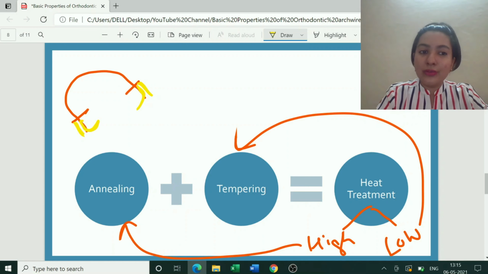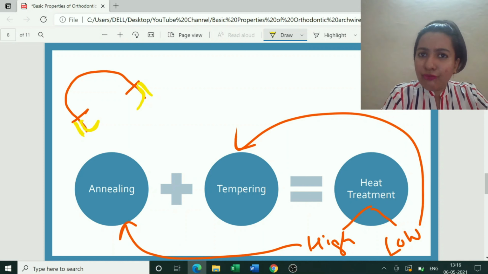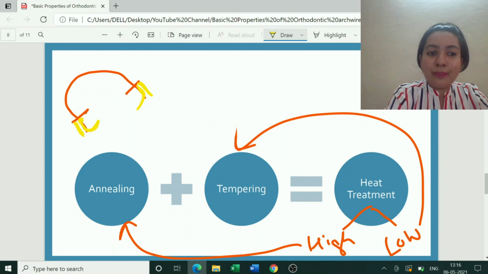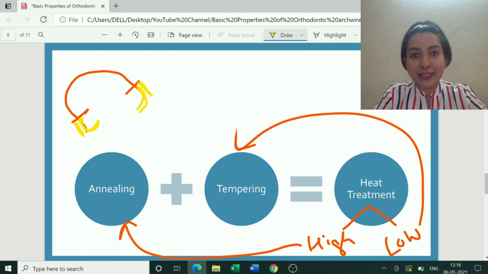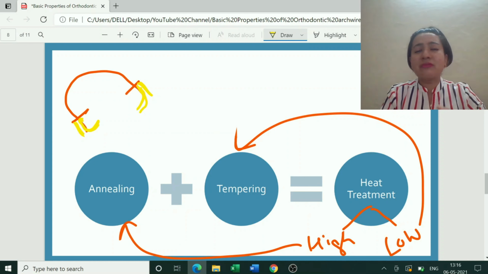So when I do this, my wire becomes a little formable, wherein I can just bend the ends of the wire behind my second molar so that they do not impinge on the mucosa. Okay, I hope it is clear. This is high heat treatment called annealing. Very often done in all the patients wherever we are using nitinol wires, because nitinol wires, or say any wire, it cannot be left behind.